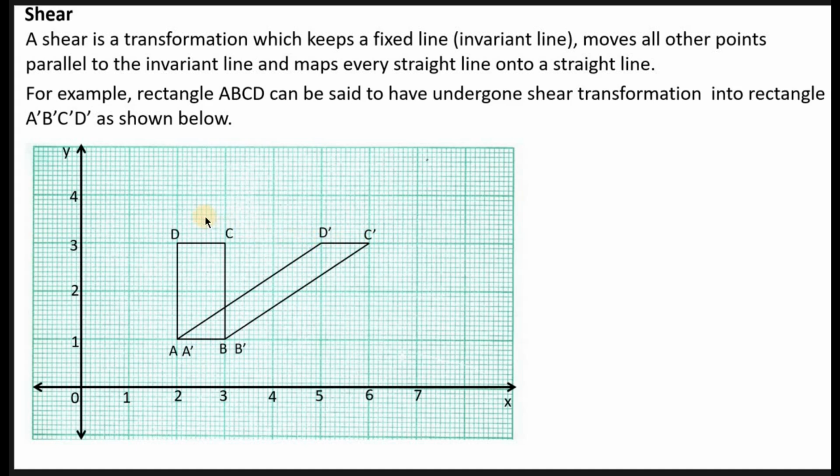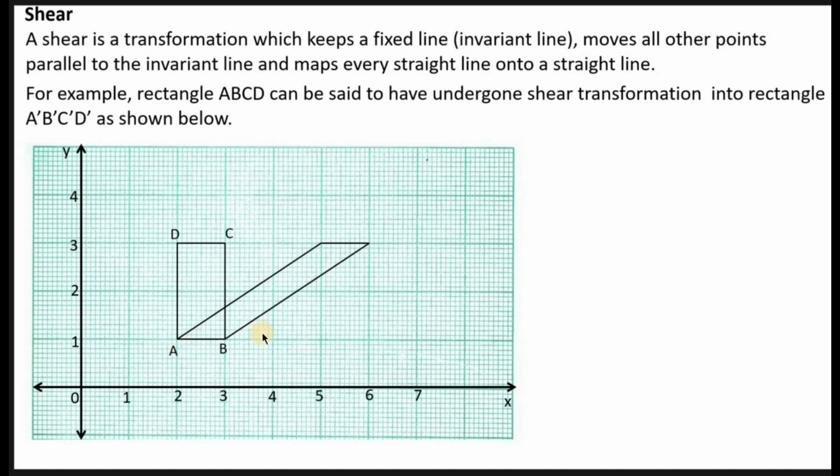As you can see, according to the definition of a shear transformation, there are points that have been moved parallel to a certain line. Like D and C have been moved in parallel form, moving parallel to a certain line, and these other points remain fixed.